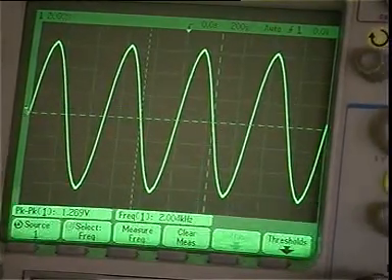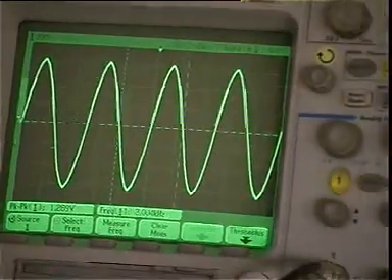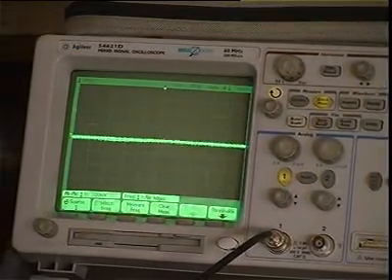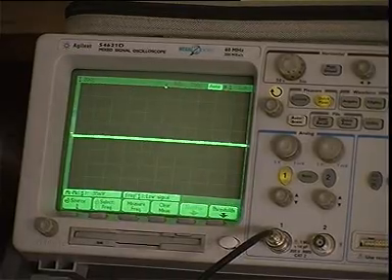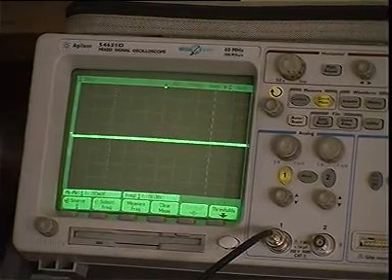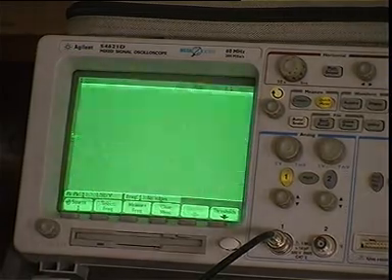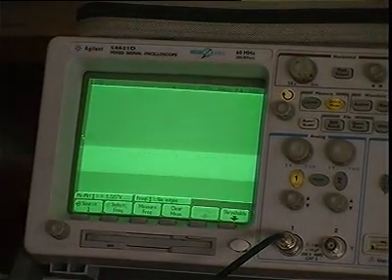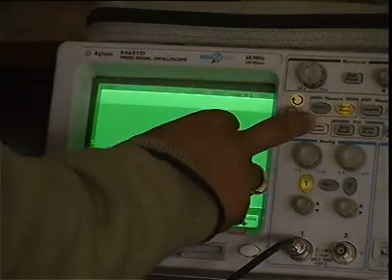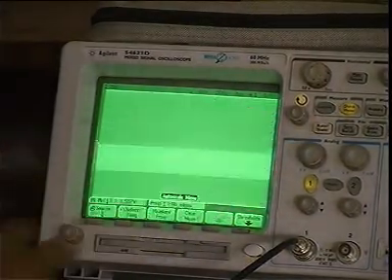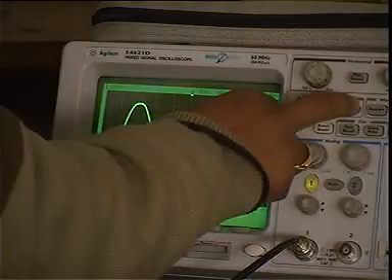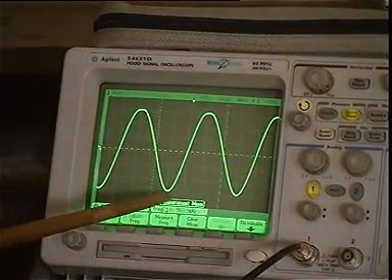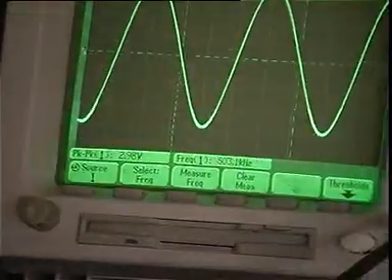Next let us measure the carrier frequency. The carrier frequency is measured as about 503 kHz.